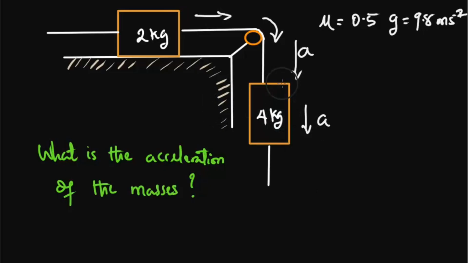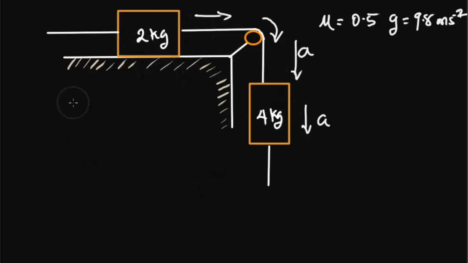Now, in order to solve this, we need to go step by step. The first step is that for the 2 kg block, which is resting on a surface, let's draw it out.